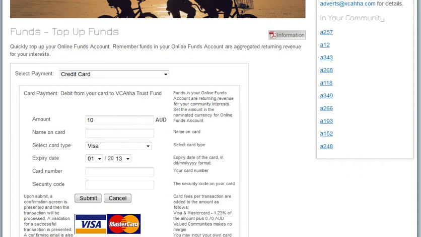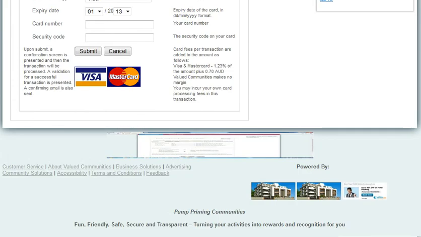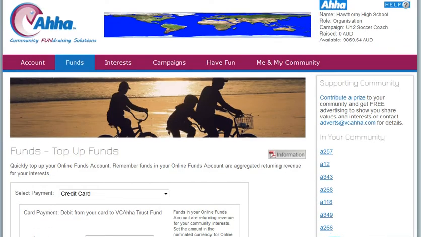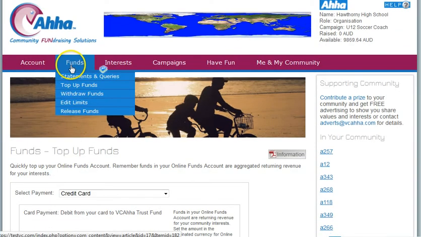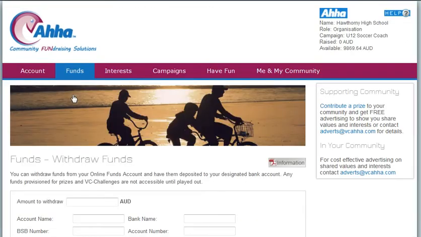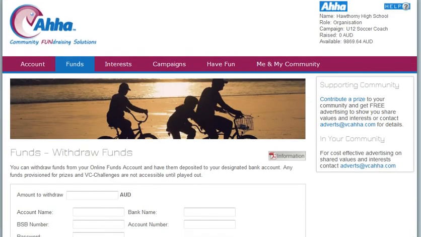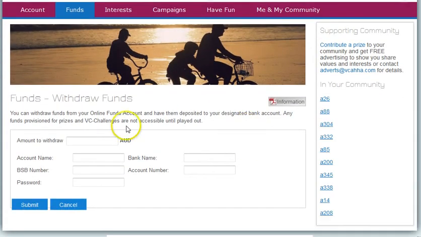Now, when you come to release or withdraw funds from your online funds account, it is assumed that you are withdrawing funds in the currency in which your account operates.